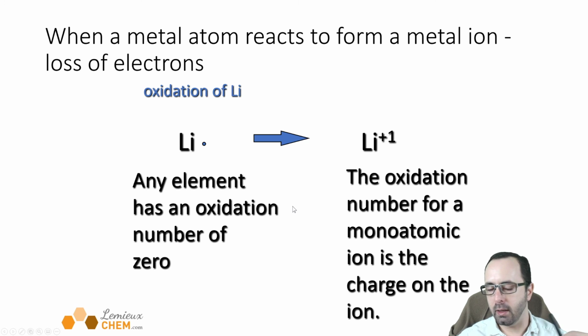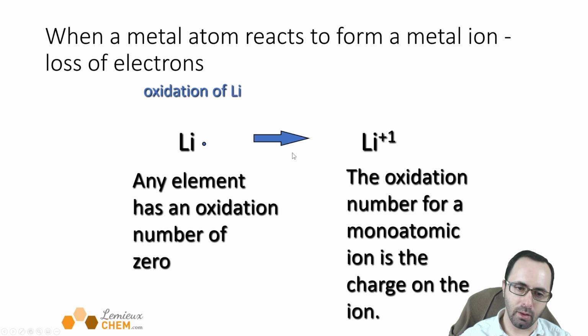But let's just look at individual ions and break these into metals and nonmetals. So when metals make ions, they make positive ions by losing their electrons. And remember, losing electrons is oxidation. So this is a loss of electrons. See the charge here, positive one, we also call that the oxidation number.